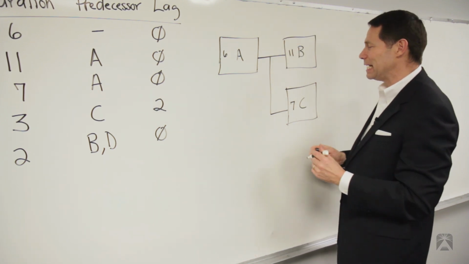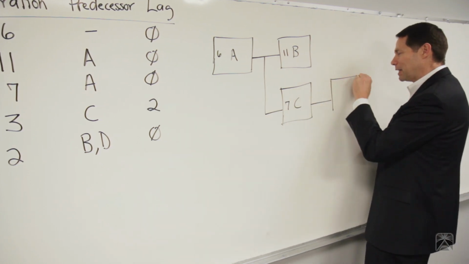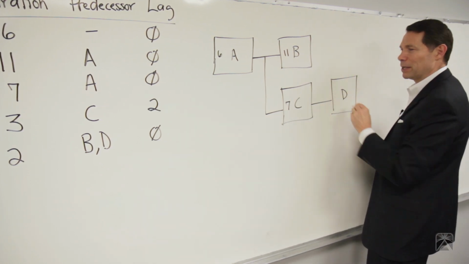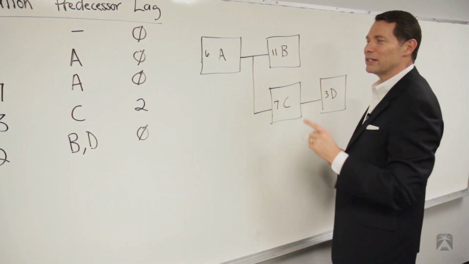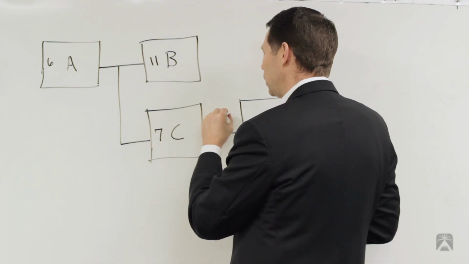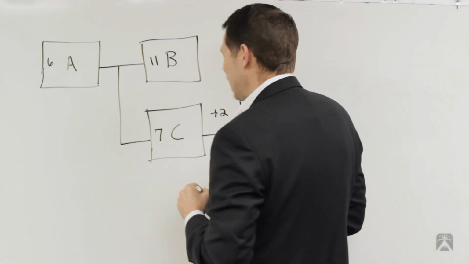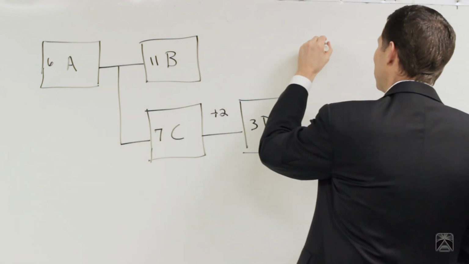Activity D is dependent on C, straight line. I've got D, and my duration for D is 3. Note that it says there's 2 days of lag, so I'm going to represent that with a +2 right there. And then E is dependent on B and D, so let me get that one up here.